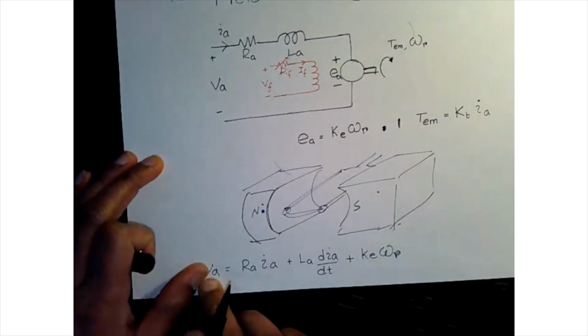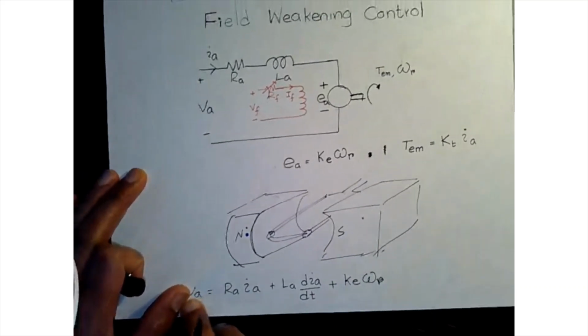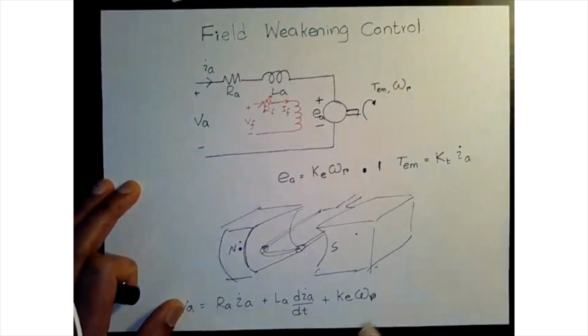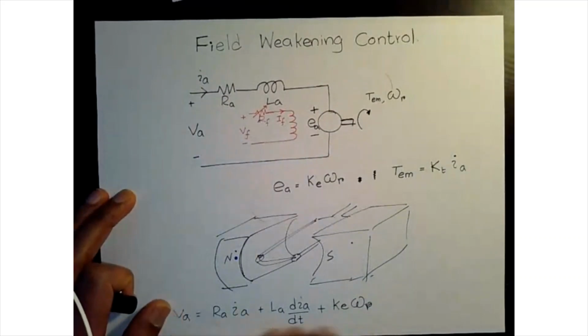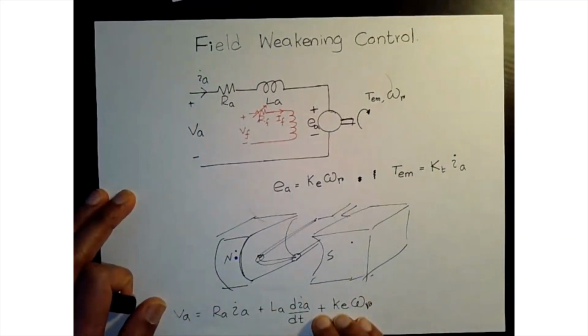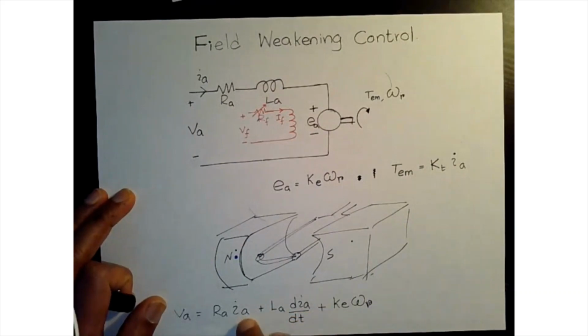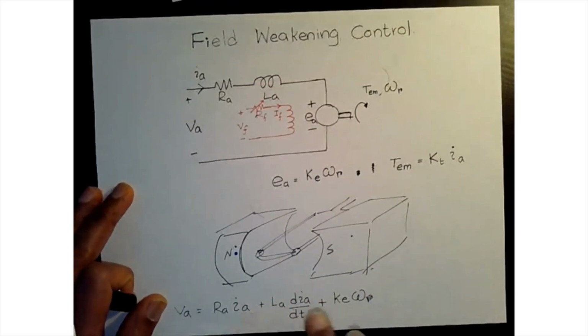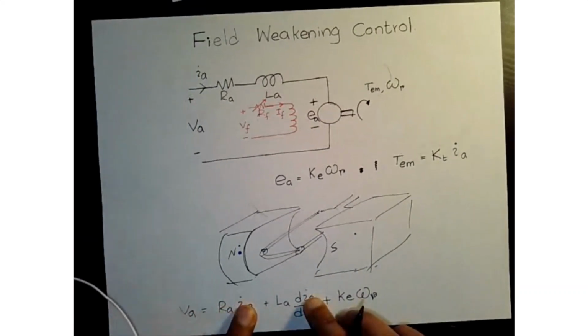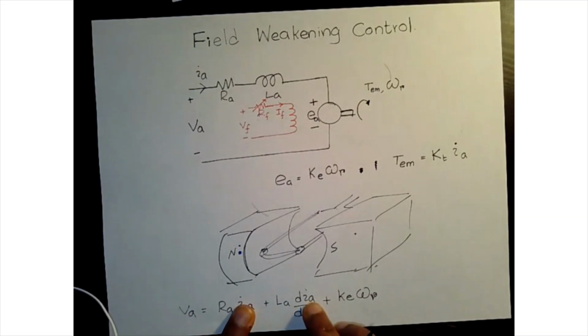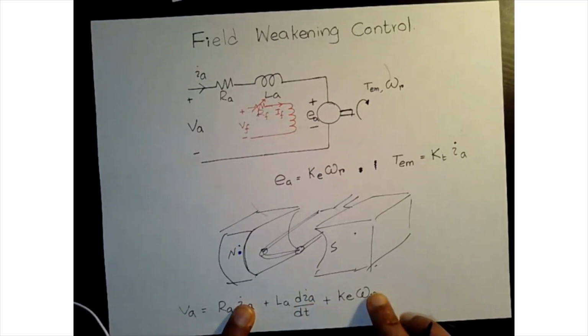So if you change your voltage, then of course, in the open loop setting, your current could change, may not, but what we are considering is we are maintaining current constant. So when we maintain current constant, our only variable is speed, which is going to change.